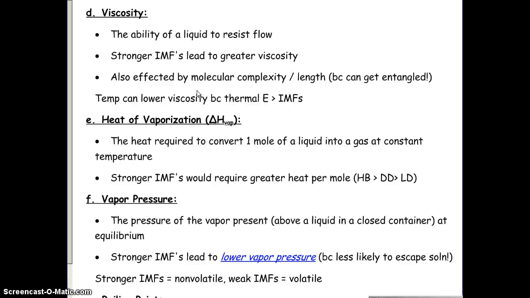Another thing to consider, not IMFs, is the complexity or the length of a molecule. So if we're talking about C2H6 versus C12H26, let's say, these hydrocarbon chains are really long when you keep adding these carbons, and so they can get entangled, which limits the amount of flow.